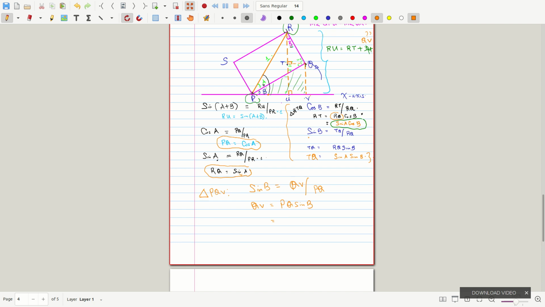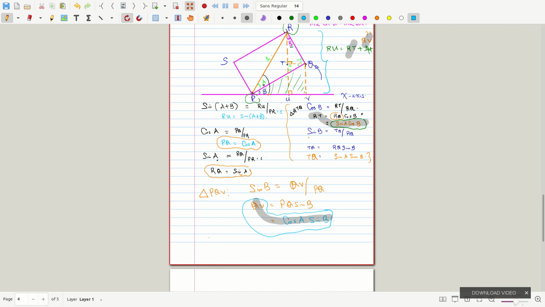PQ is cos A. So we have that QV is cos A sine B. Yes, so we can go ahead and say that our QV here, I'll just highlight these results here, and then our result for RT, which we got here. RT and QV, we substitute into RU here.